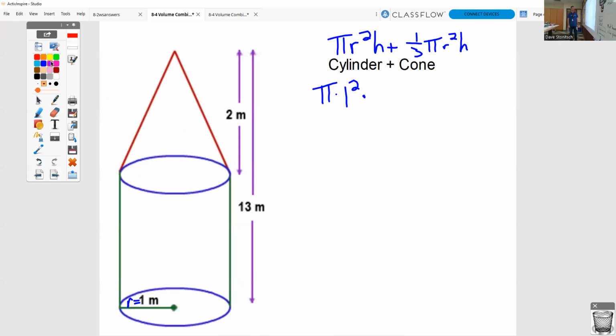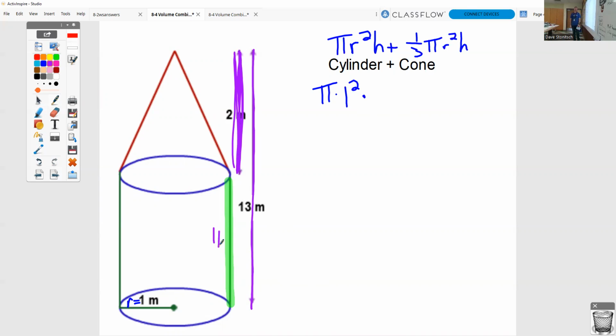In this picture, they tell you that this distance from here to here is 2, but this distance from the top of the cone all the way down to the bottom is 13. Well, if this distance is 2 and the whole thing is 13, that means from here to here has to be 11.